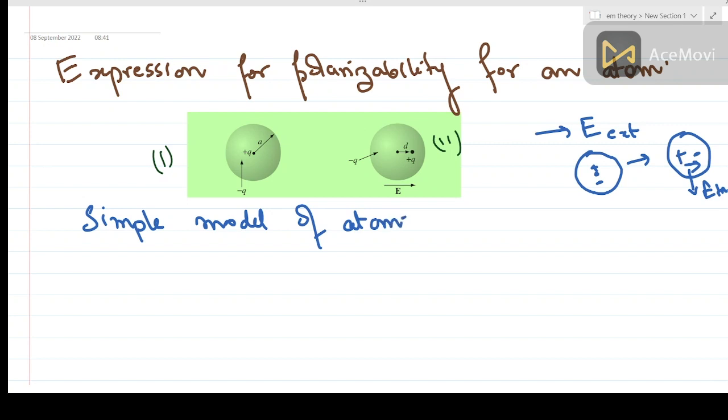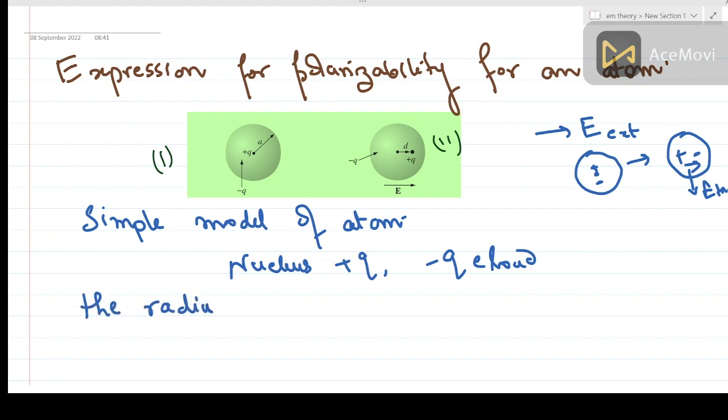The nucleus is positively charged and same amount of negative charge cloud is surrounding the nucleus, which is the electron. And this distance is a. It is spherically symmetric. The radius of sphere is a.